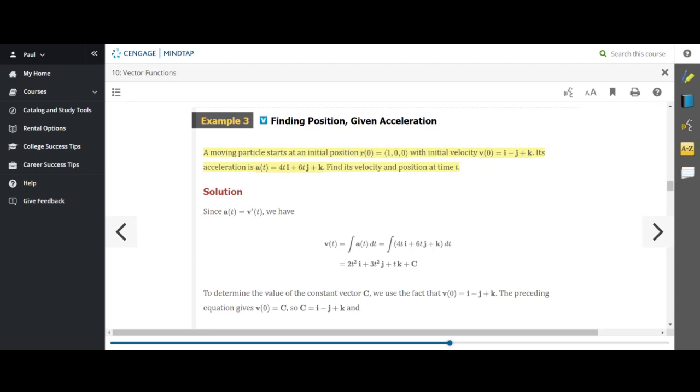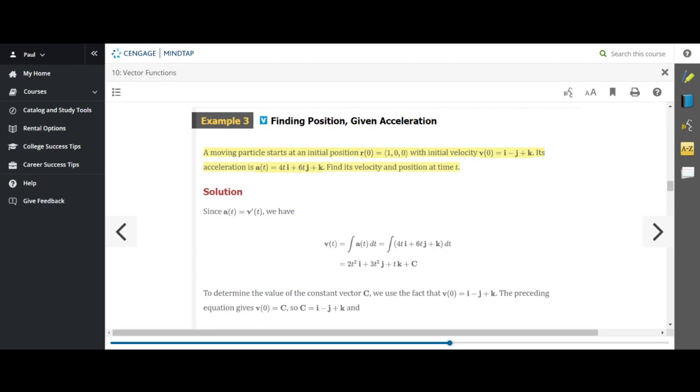So the integral of acceleration gives you velocity, and the integral of velocity gives you position. It's just the reverse of what you're used to. You're used to taking the derivative of position and getting velocity, and the derivative of velocity and getting acceleration. Well, now we're just going backwards, but we're doing it this time with vectors.